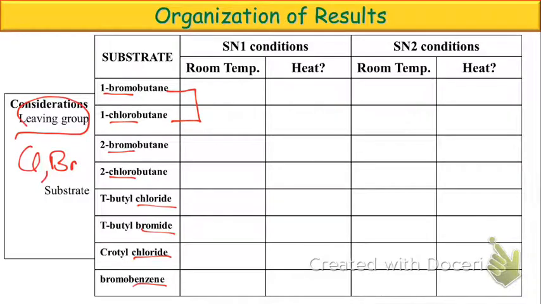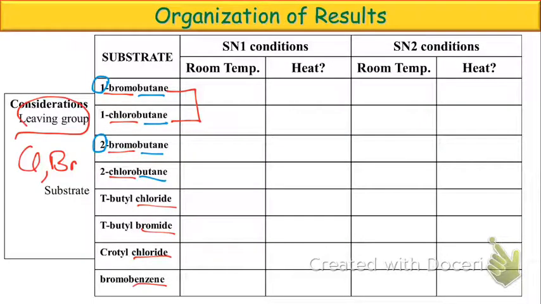Let's take a look at the substrate next. Substrate's referring to the number of carbons. Do we change the number of carbons during our reaction? Butane, butane. That would suggest they're all the same number of carbons, but if I change the structure, 1, 2.